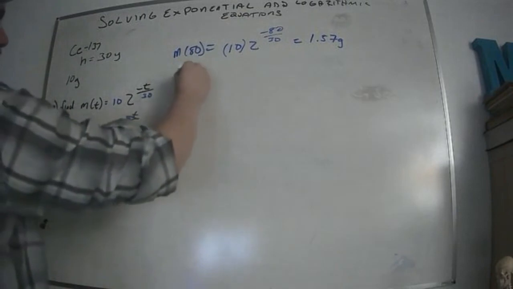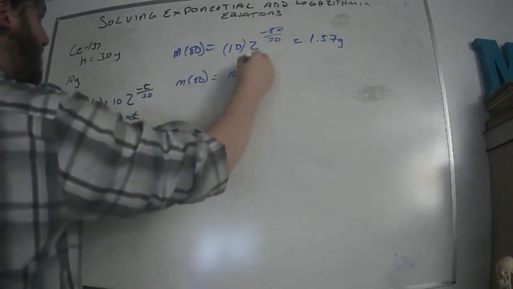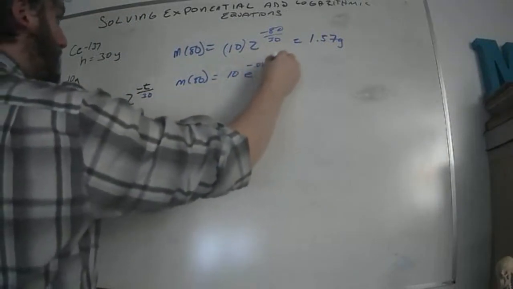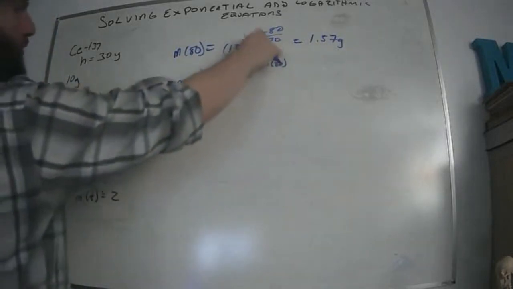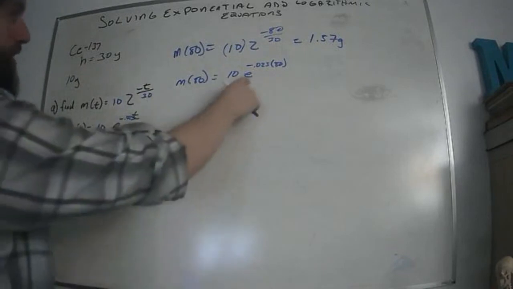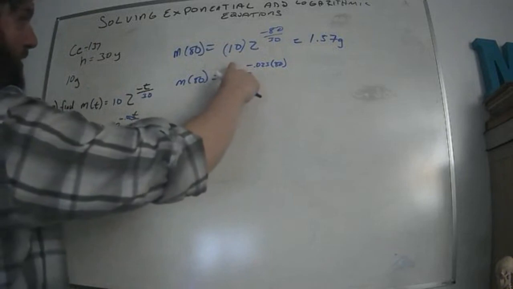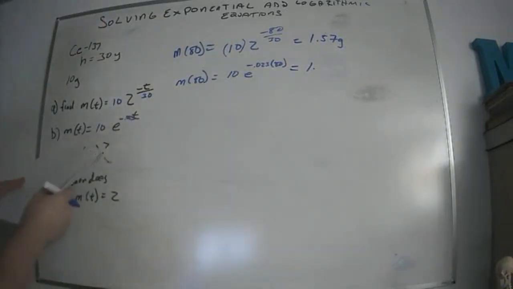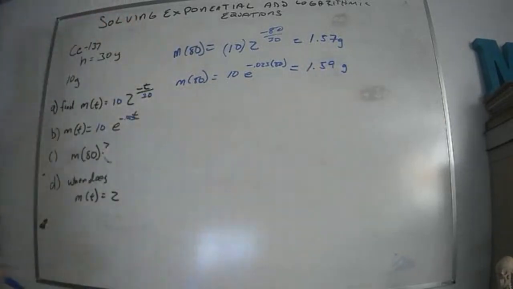Now if I say m of 80 equals 10 e to the minus 0.023 times 80, so here I had 2 to the power of negative 80 over 30, and here I have e to the power of minus 0.023 times 80, both multiplied by 10. And here I get 1.59. So those are both 1.6 if I round them.